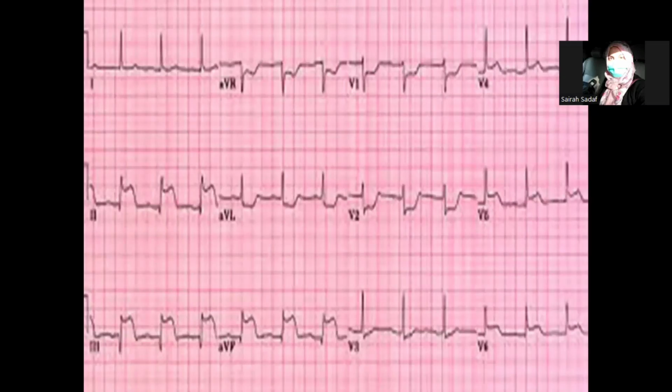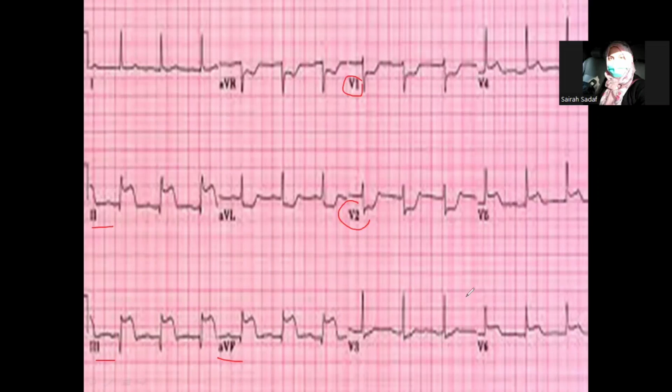Okay, so these are the last slides. Now you have to see which wall this is. Like you can see here, V1, V2, and then there is lead 2, lead 3, AVF. These are the inferior leads. And then there are V1, V2. You are saying inferior?